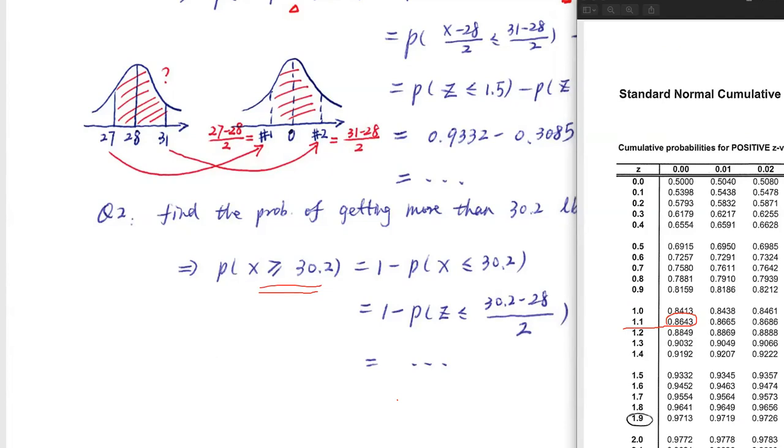So my question is, did we actually subtract from 1 or not? I did not finish everything here. If you want to continue, you have to do 1 minus 0.8643. Oh, I see. Then you calculate about 0.13 something. Is that clear? Yes, thank you. No problem. Let's move on.